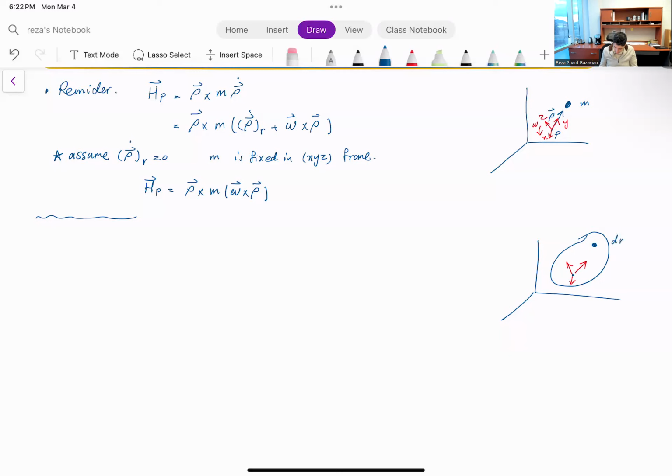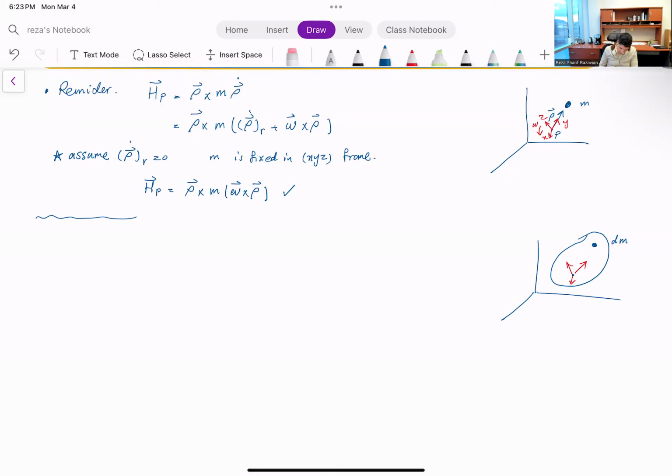Let's call it dm instead of m, just a tiny infinitesimal particle within the rigid body. So nothing has changed for that particular particle. Still, I can use this equation to find the angular momentum of that particle about this reference point. And I can do the same for any arbitrary particle in the body.